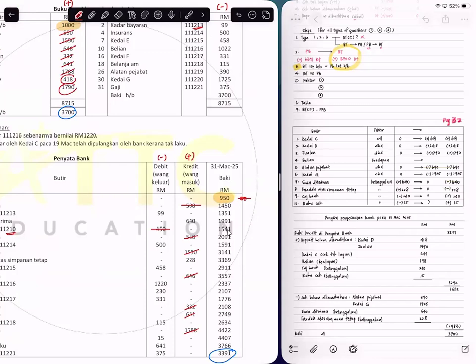Do the same for credit side. 99, yes. 500, yes. 458, yes. 1022, no. But we saw something similar, right? Okay, when you see something similar, but it's still different in buku tunai and penyata bank, what is the factor?